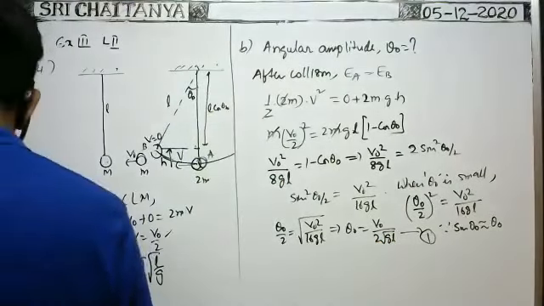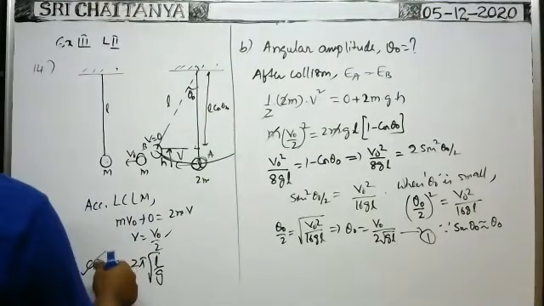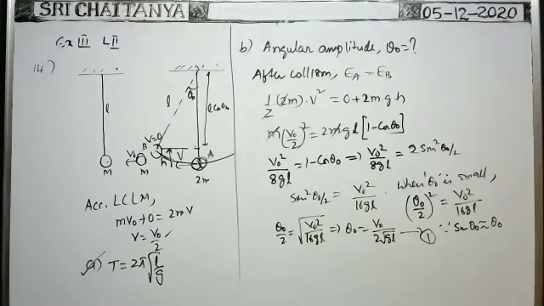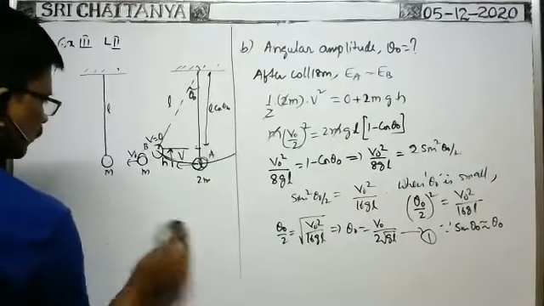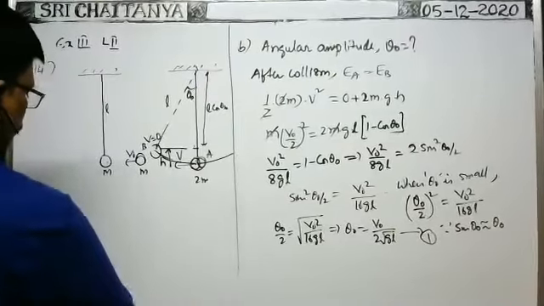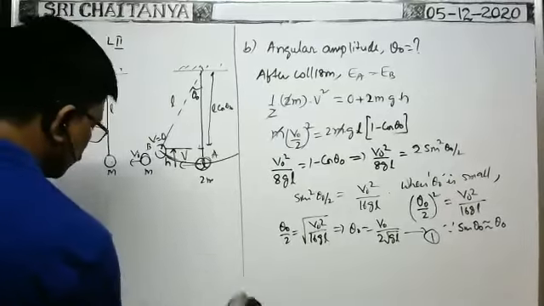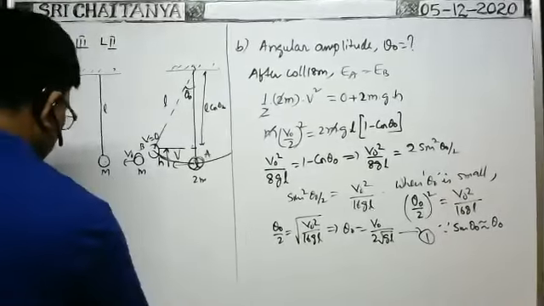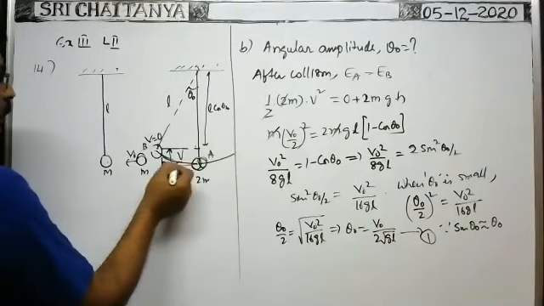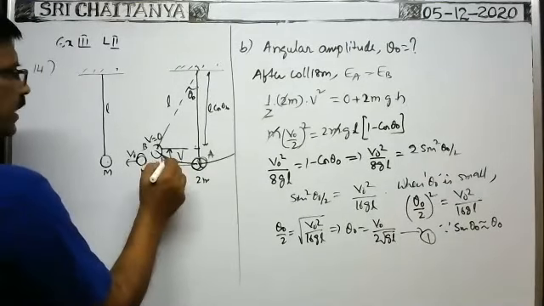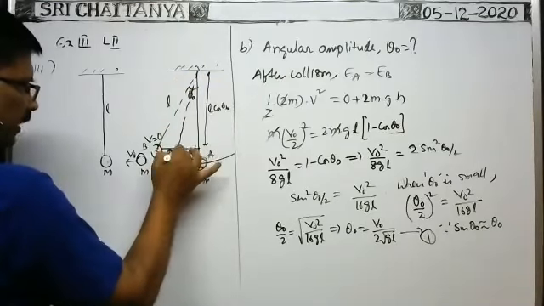Now we have the angular amplitude. Therefore, whenever this bob of the pendulum starts motion from this point, after t seconds, suppose it reaches somewhere here.